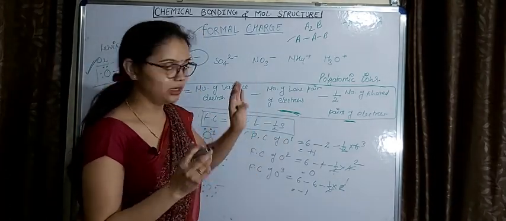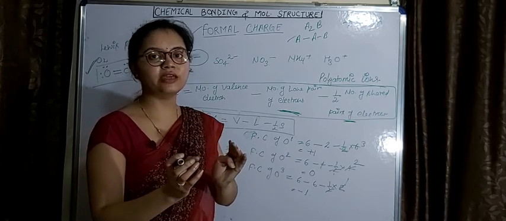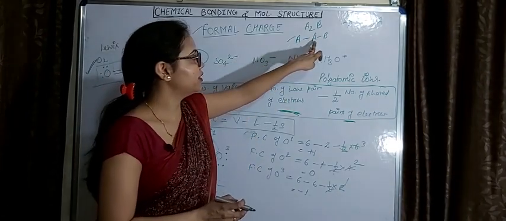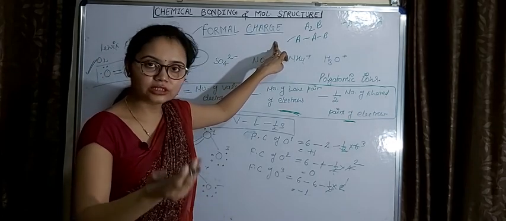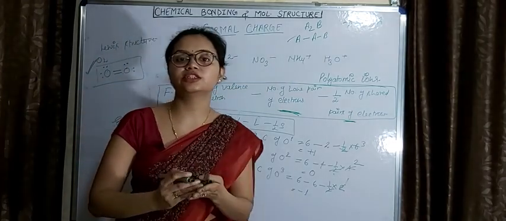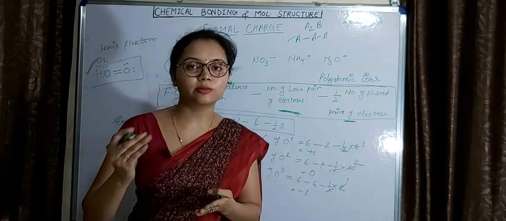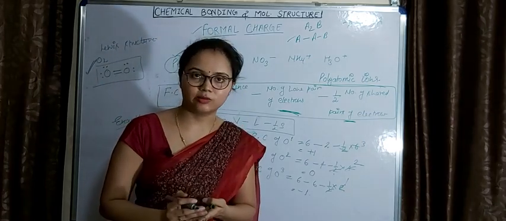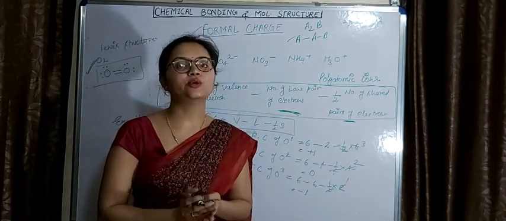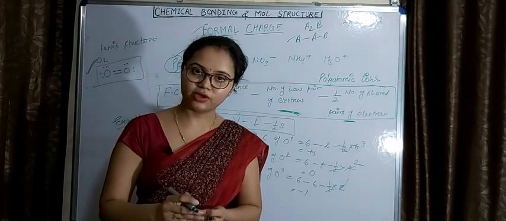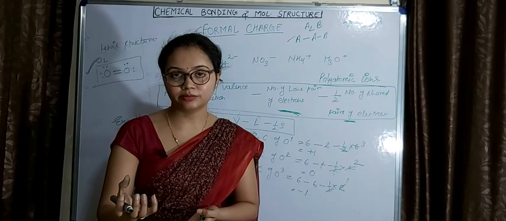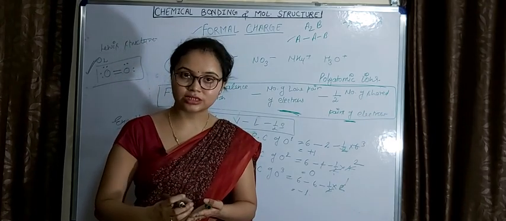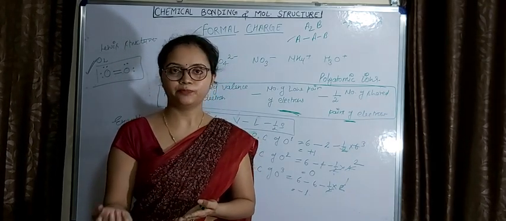In a simple way we can say that the structure which has less formal charge will be more stable, and the structure which has more formal charge will be less stable. So after calculating formal charge in this way we can easily identify which drawn structure is more stable or less stable. Okay, thank you.